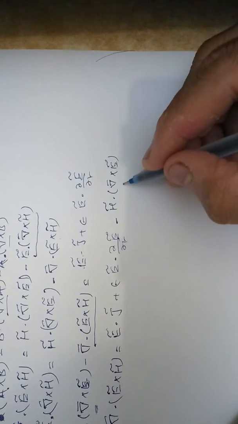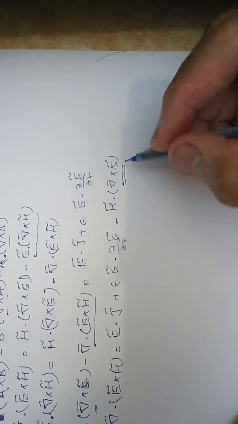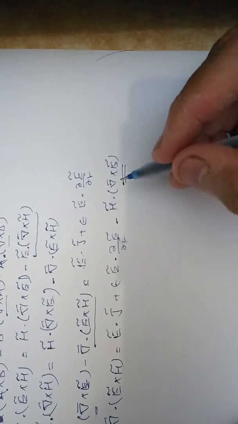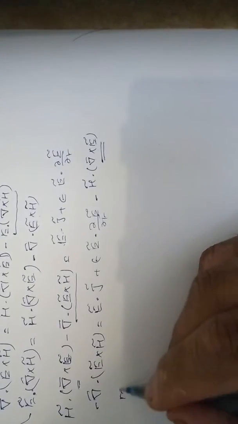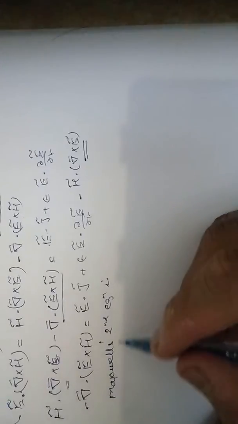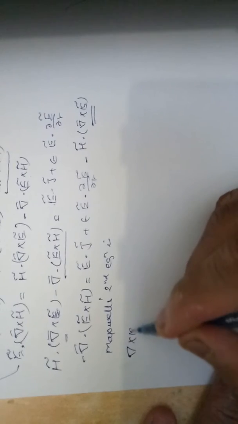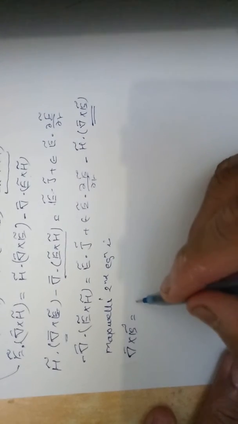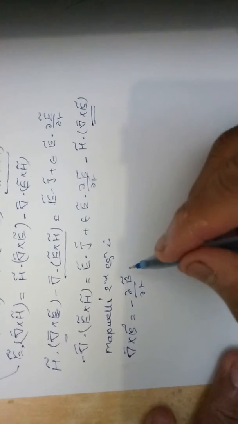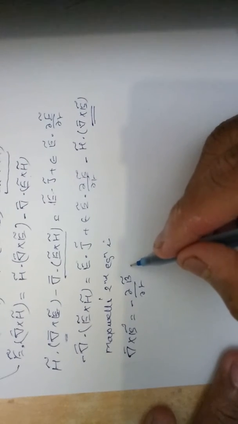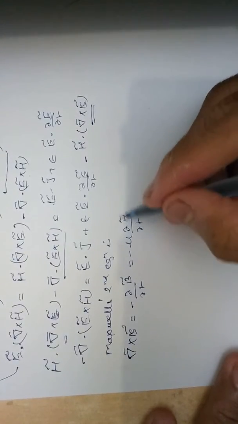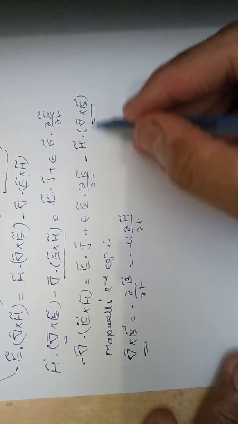This del cross E is actually Maxwell's second equation. We can get the value of del cross E from Maxwell's second equation, which is given as del cross E equals minus del by del t of B, and we know that B is actually mu H, so I can write: minus mu del by del t of H. So I am putting this value here.